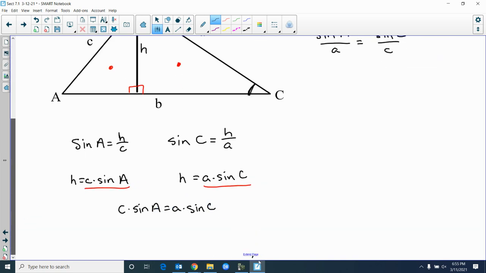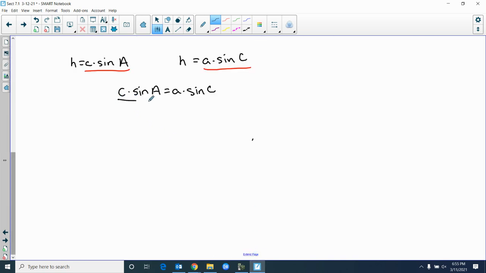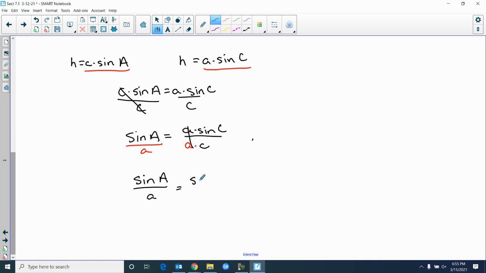I've got the sine of A and sine of C. What I can do is divide both sides by C, and that gives me the sine of A, those cancel, equals A times the sine of C over C. And now the next thing you're going to do is divide by A. Even though that C is already there, that's fine. Divide by A, and now I get sine of A over A equals, those cancel, sine of C over C.